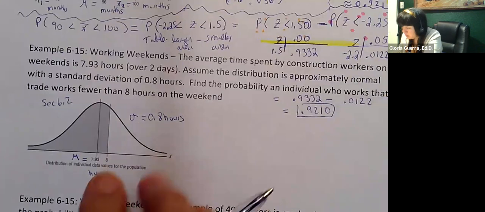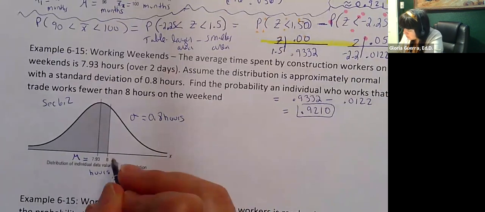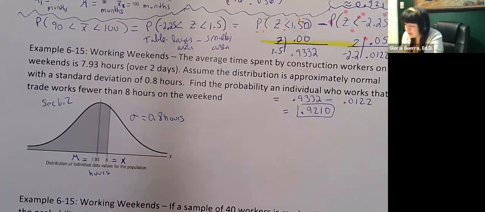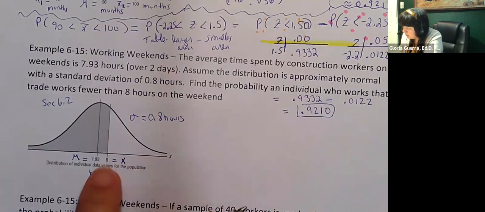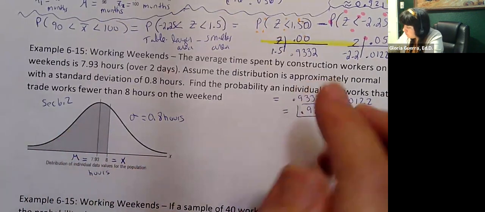So you see fewer than 8. So here's 8, okay? And in 6.2, that was what we call X, right? Fewer than 8 hours, so you're shading this way. But it's an individual.